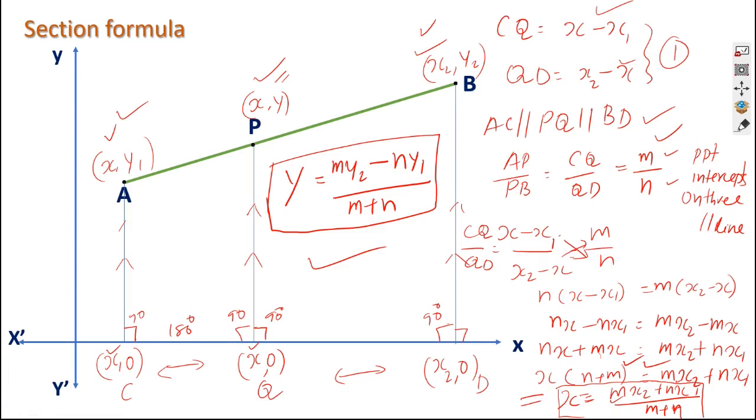By using this formula you can find out many things. So my dear students, distance formula, section formula, application of intercepts of parallel lines and the concept of ratio, altogether we succeeded in making the section formula. Section formula is very important, you will learn it by heart.